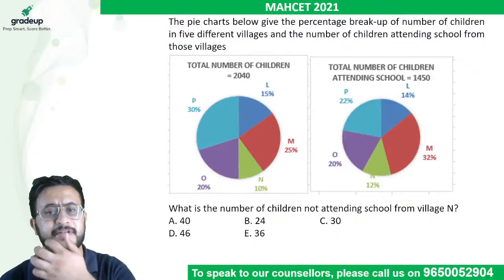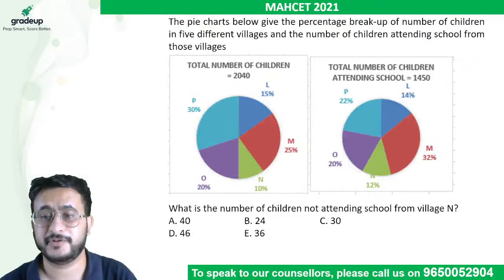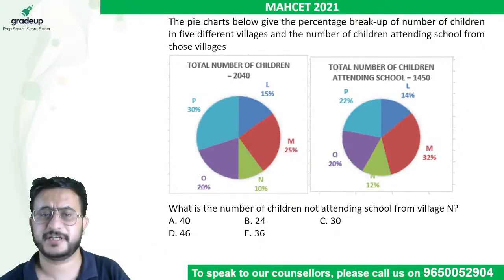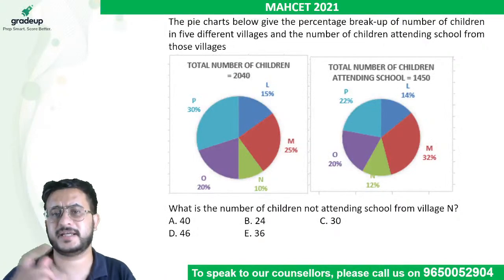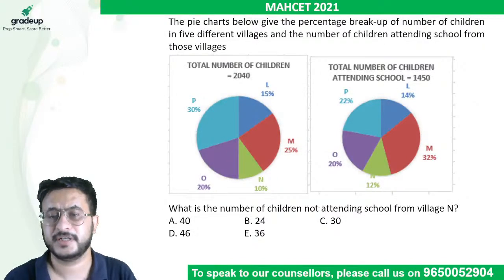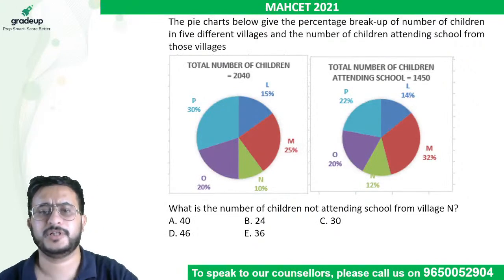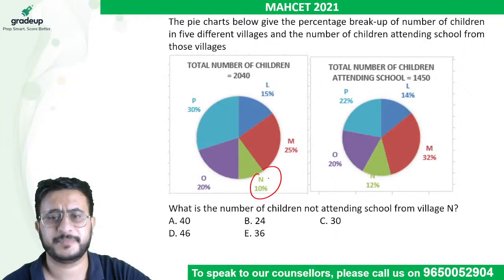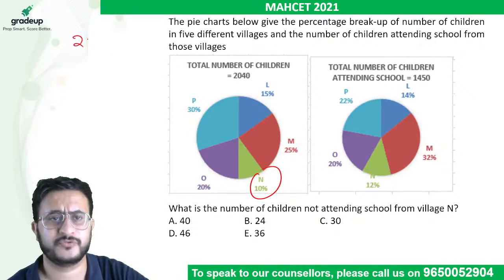So not attending school, how will we get it? We are given one pie chart with the total number of children, and in the second pie chart we are given the number of children attending school. So if we talk about the total number of children, how many are there in N? 10%, which means 204.